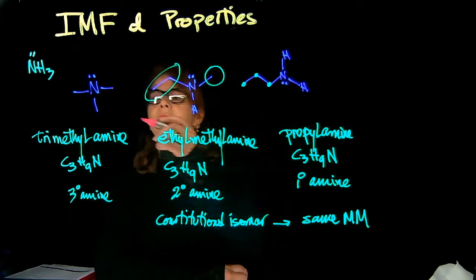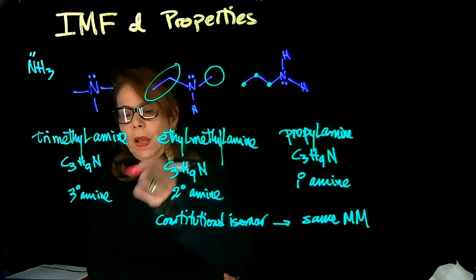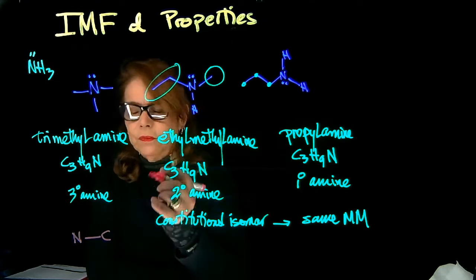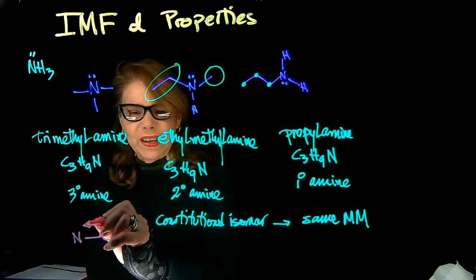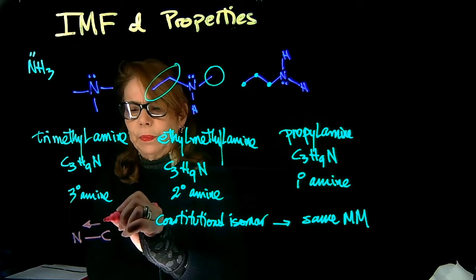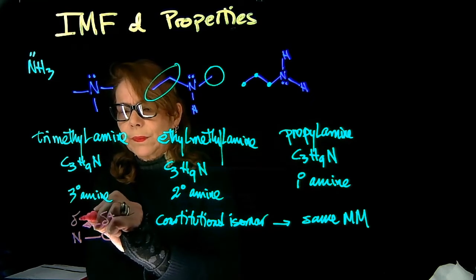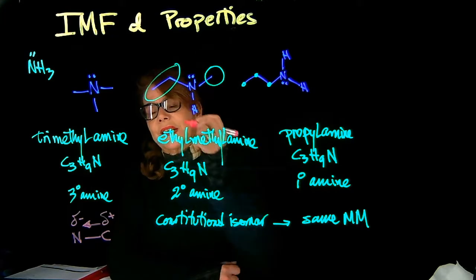So here, when you see trimethylamine, you have bonds of the type nitrogen and carbon, which are polar. Nitrogen is more electronegative, so my three dipoles will be oriented pointing towards the nitrogen.